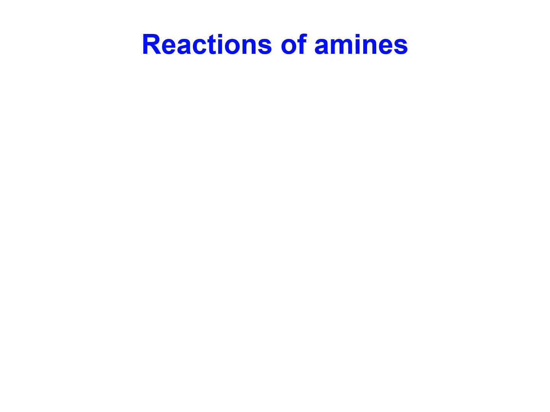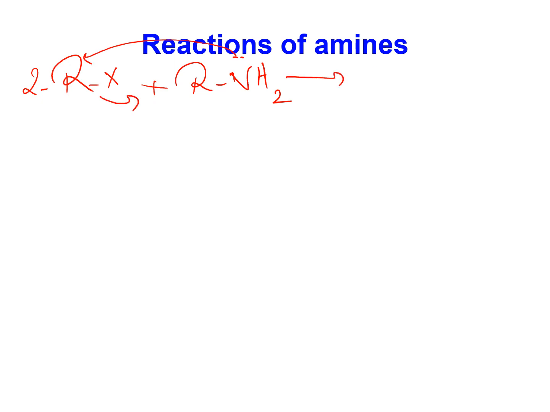The second reaction that can be performed by amines is the alkylation of amines. You can actually react amines with alkyl halides to alkylate them, giving the secondary and the tertiary amines. And we have a reaction that is very much related, which is the acylation.